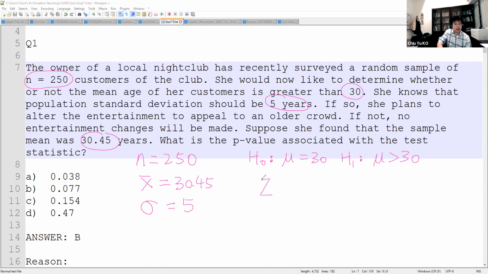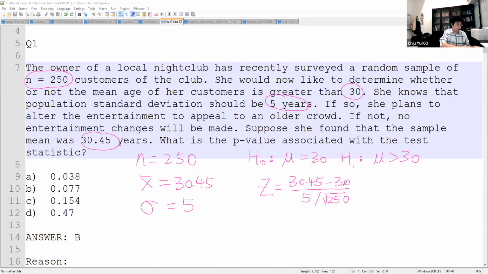So you can use the z-test, which is the sample mean minus the proposed population mean, divided by 5 over root of n, which is 250. That is the question.